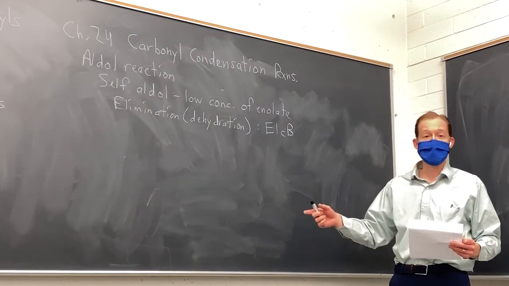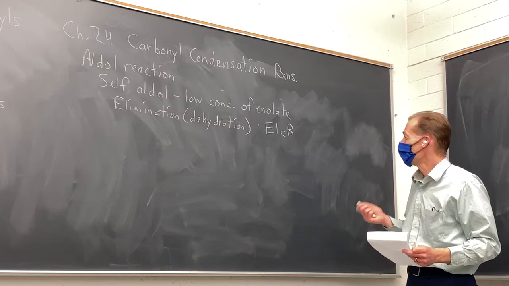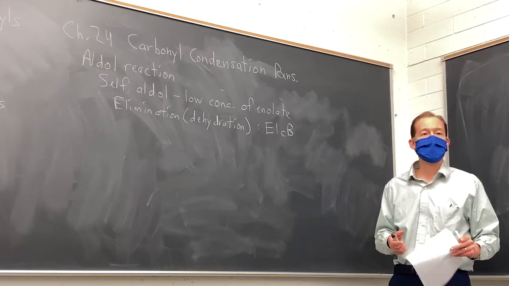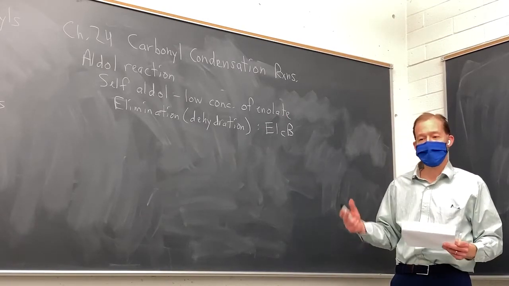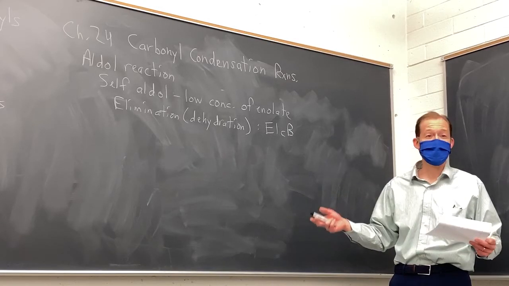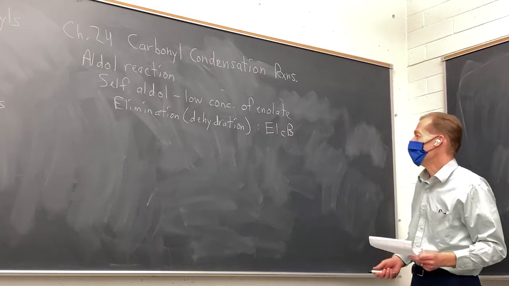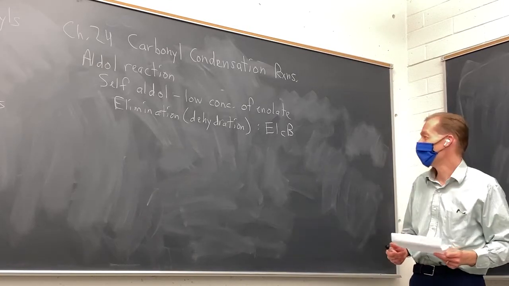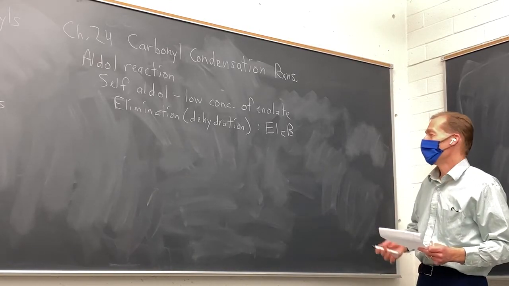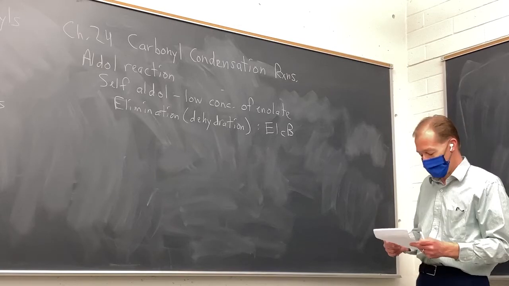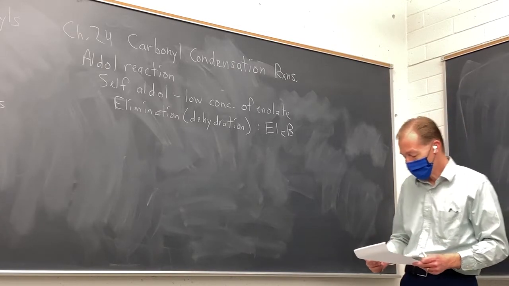Then we eliminate out the OH group. So please remember that. Students tend to want to draw the mechanism of this dehydration as an E2. It is not an E2. If you draw it as an E2, you won't get credit for that. So please make sure you learn and are able to draw the E1CB mechanism.